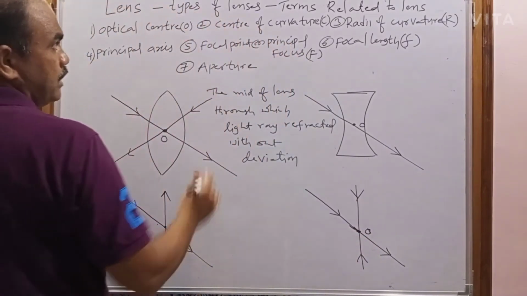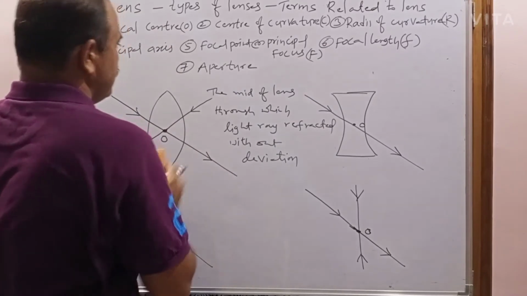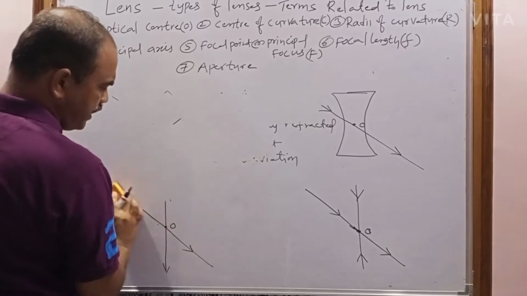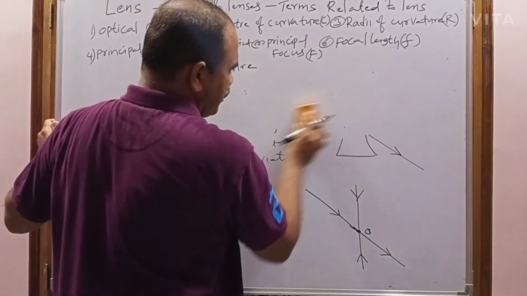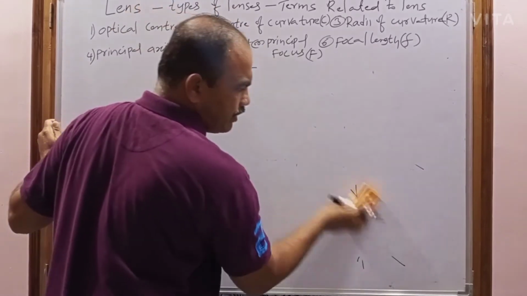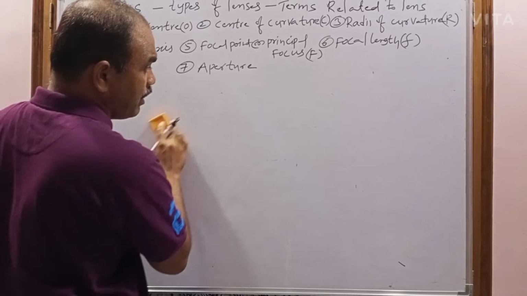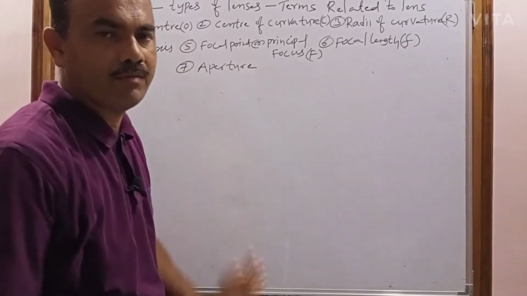Now coming to the center of curvature. The center of curvature is the center of the sphere. In case of spherical mirrors, concave or convex, there is only one center of curvature.